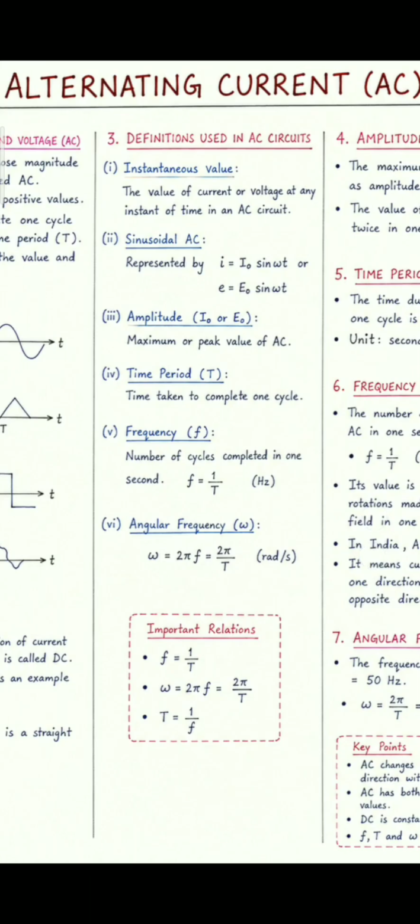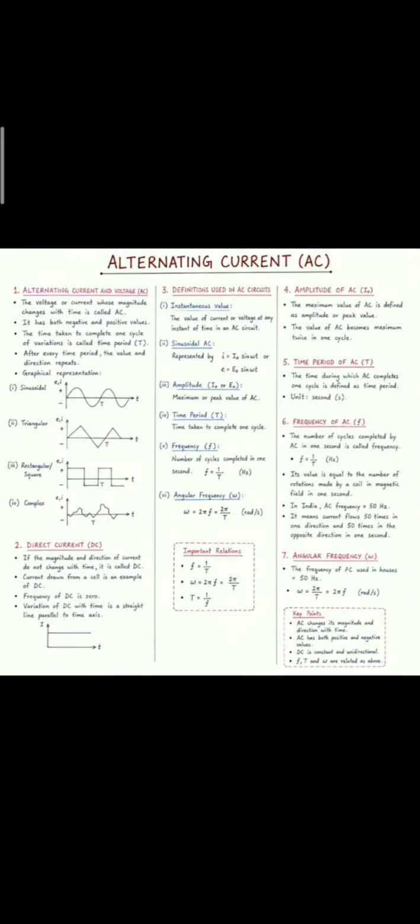Amplitude means maximum or peak value of alternating current. And time period, the time taken to complete one cycle. And frequency, the number of cycles completed in 1 second, f equals 1 by T. And angular frequency, omega equals 2 pi f.